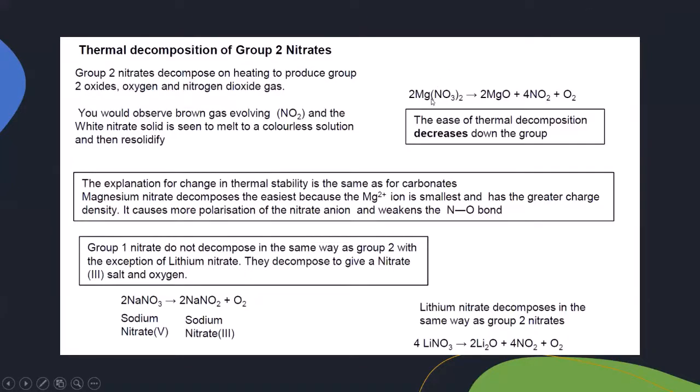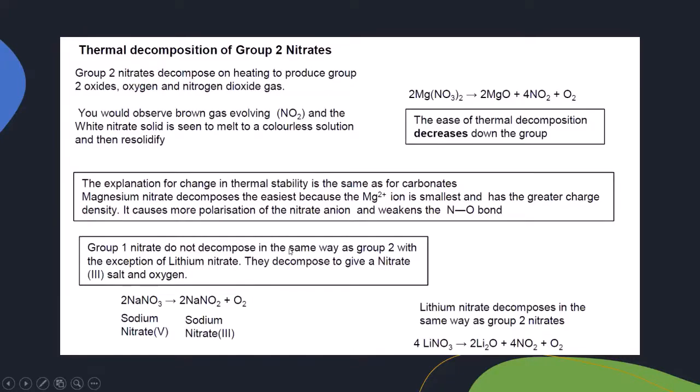Whereas group 2 nitrates, when they decompose, give metal oxide plus nitrogen dioxide plus oxygen. And this nitrogen dioxide is brown in color. So when we decompose these nitrates, a brown gas is evolved. So lithium nitrate decomposes in the same manner as magnesium nitrate or group 2 nitrates, whereas sodium and potassium decompose to form metal nitrite plus oxygen.